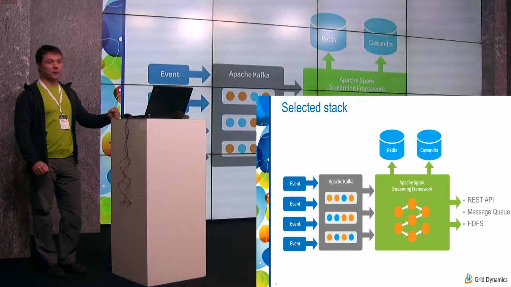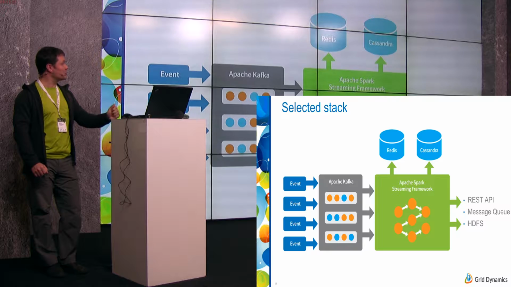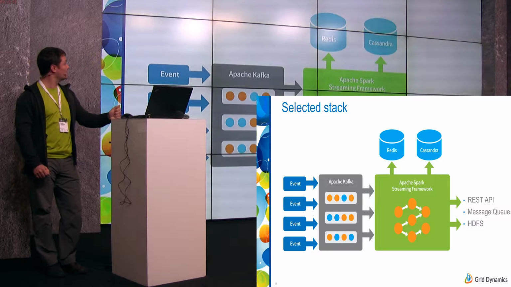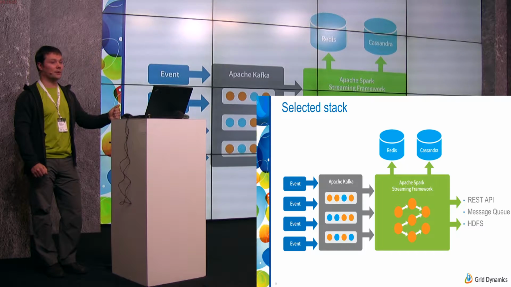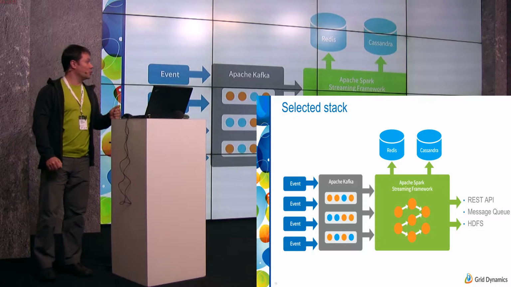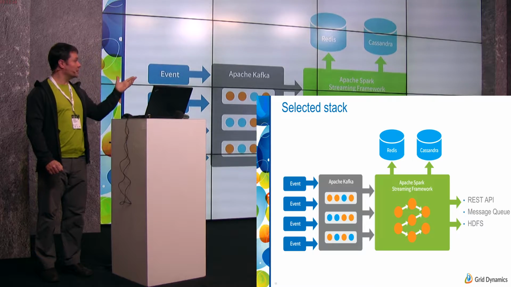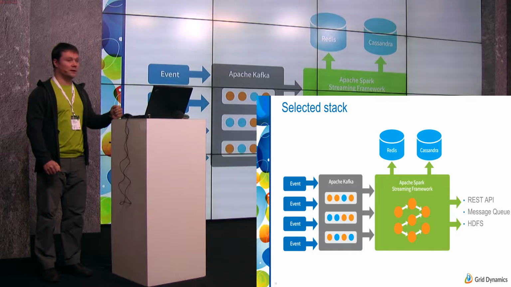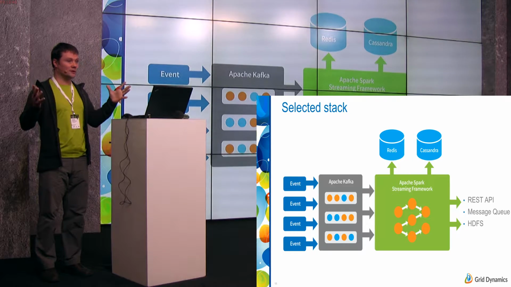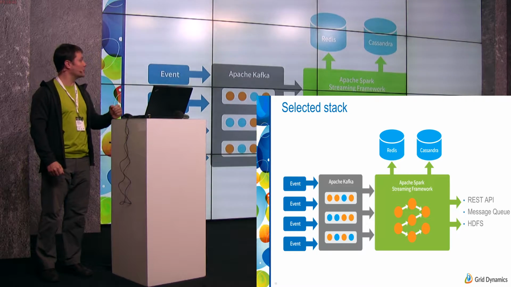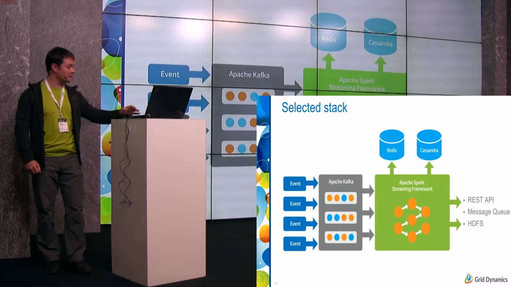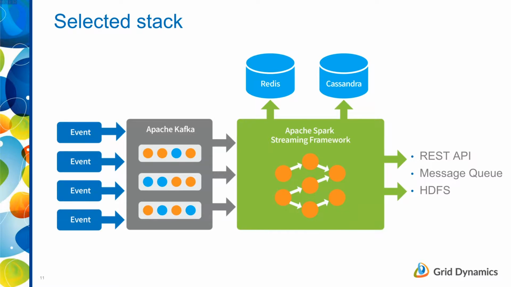Apache Kafka, then Spark Streaming, then Redis and Cassandra used as an operating storage. Results go out via REST API, or through the message queuing system, or if there is a lot of data, it could be HDFS, a distributed file storage system.